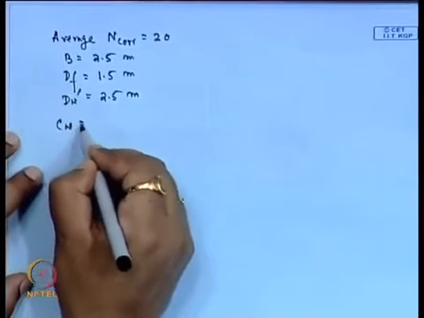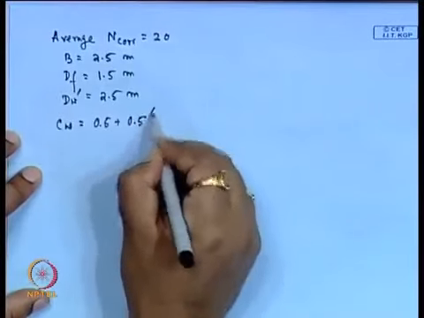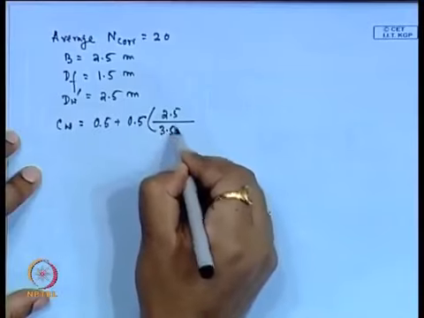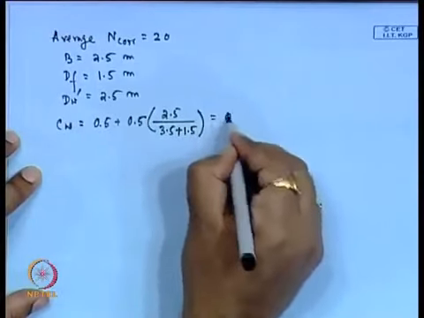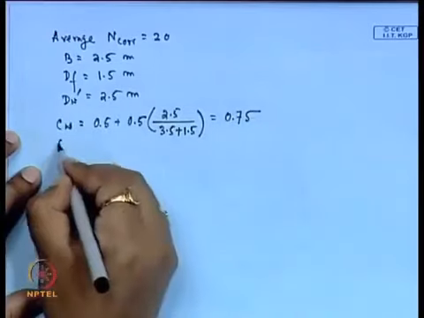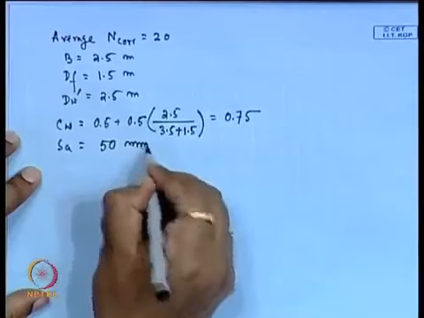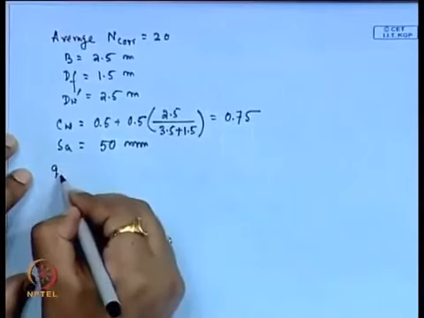So, we can calculate Cw is 0.5 plus 0.5 into 2.5 divided by 3.5 plus 1.5. So, this is 0.75, and SA value permissible settlement say 50 millimeter. So, now what would be the net allowable bearing capacity of the soil?